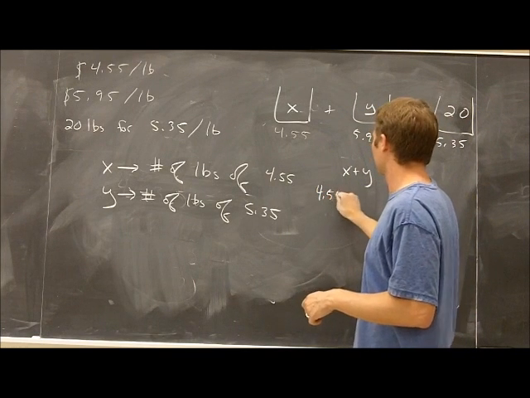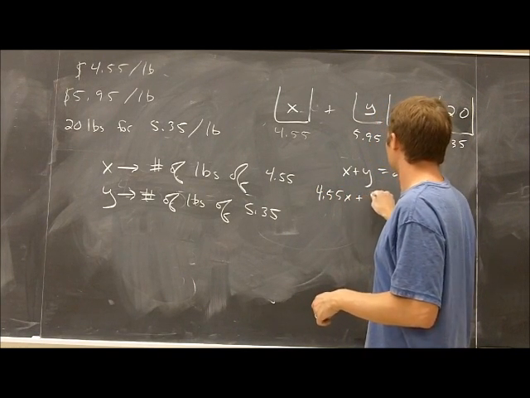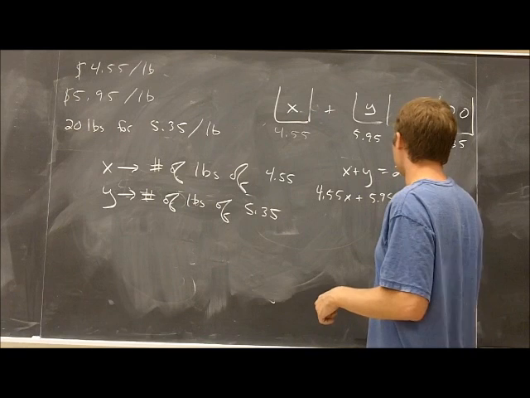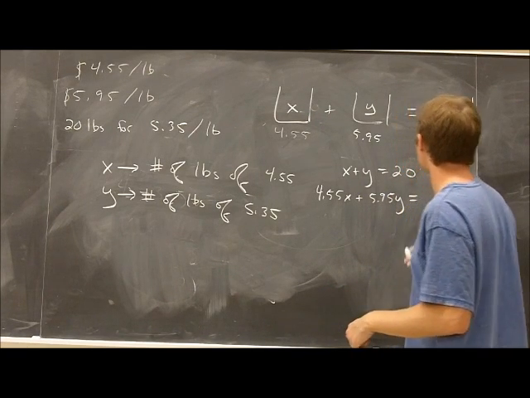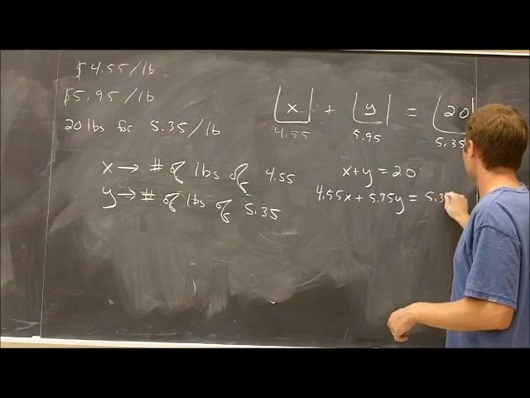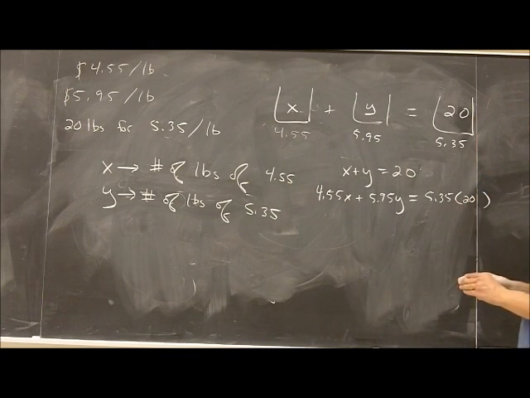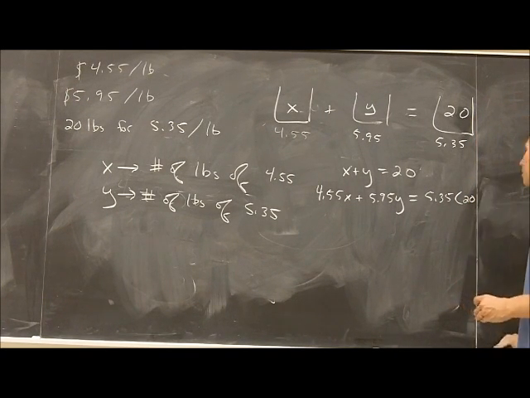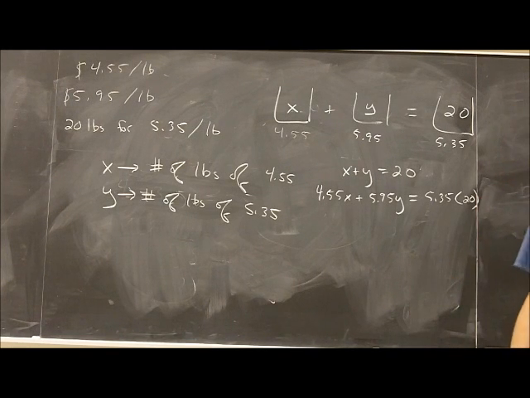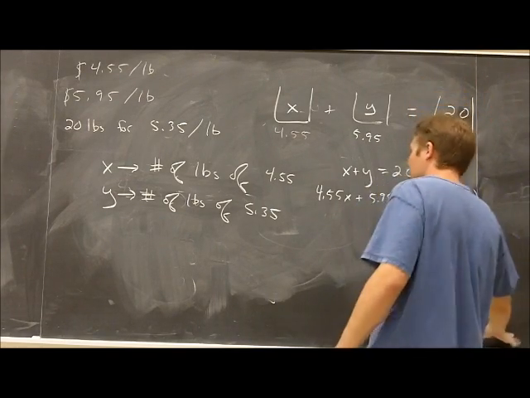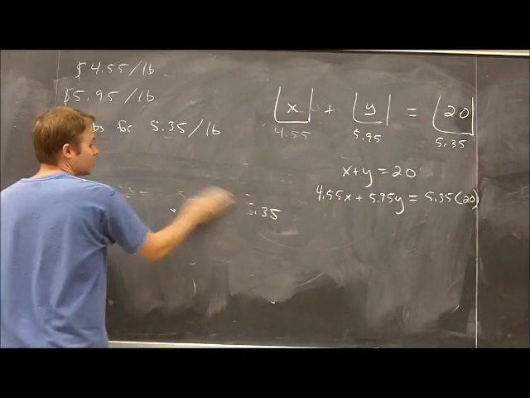And I get 4.55x plus 5.95y should be equal to 5.35 times 20. And usually this times 20 is the one that people miss at the end. So make sure that you're getting that one. So from here I have my system of equations, and I just need to solve this.